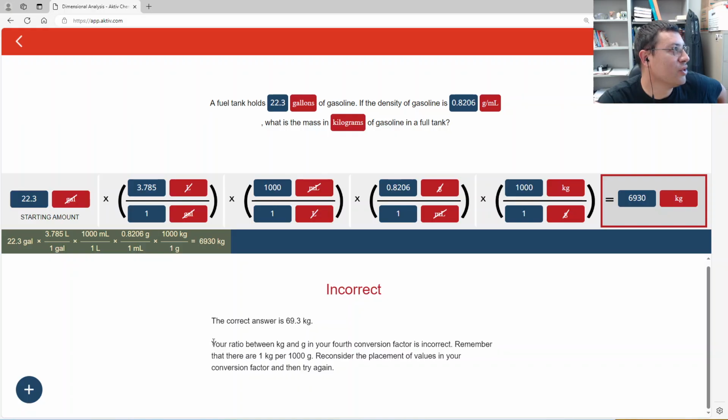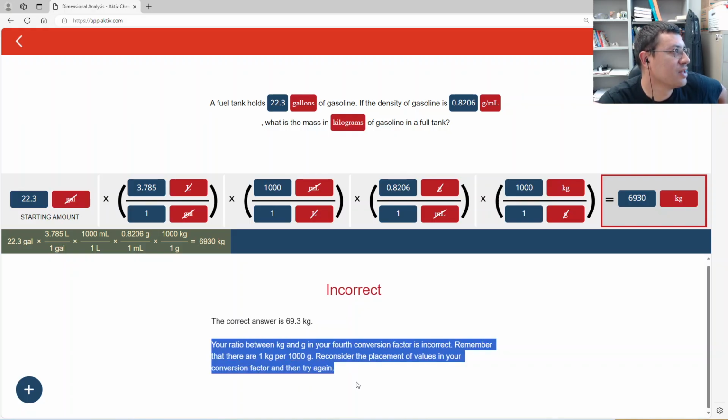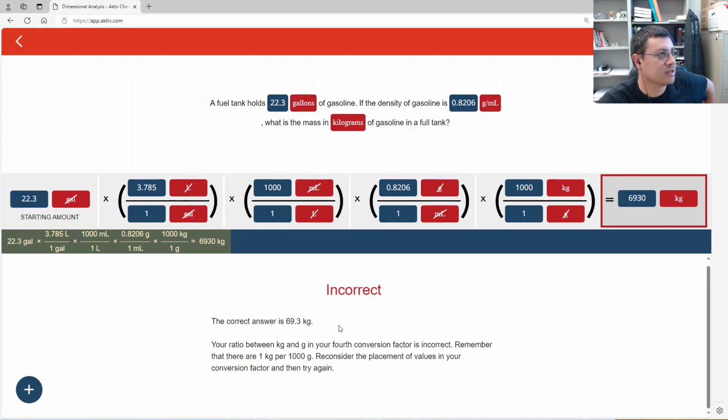But you would get a feedback, something like this. Your ratio between kilograms and grams and your fourth conversion factor is incorrect. Remember, da da da da da. Okay. And reconsider, so on and so forth. And so, yeah, do pay attention to that feedback as you use the platform. It'll help you navigate and kind of troubleshoot on your own sometimes of where you can fix things. So, nice feature there. All right, hope this helps, and thanks for the suggestion, and take care. See ya.